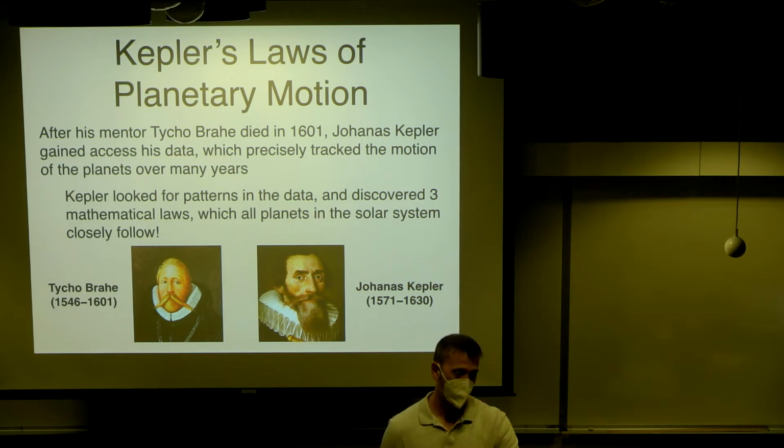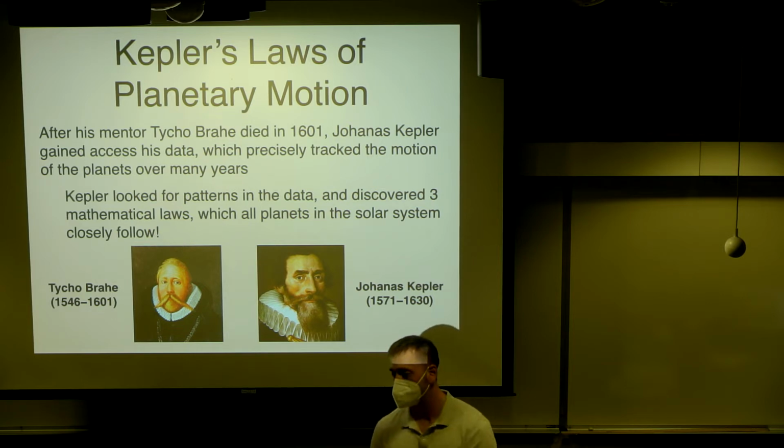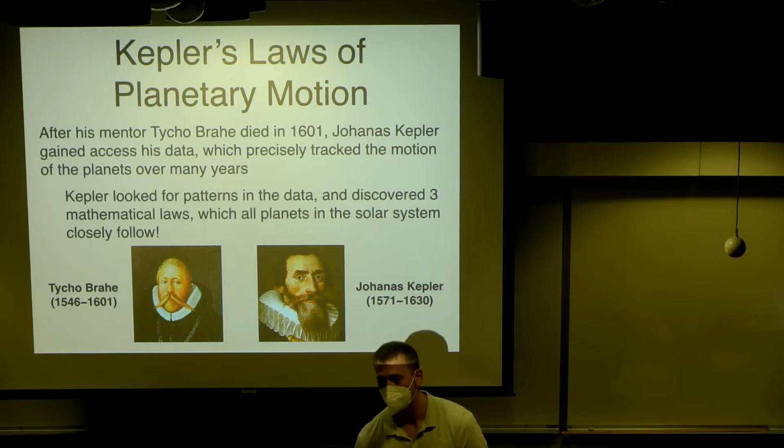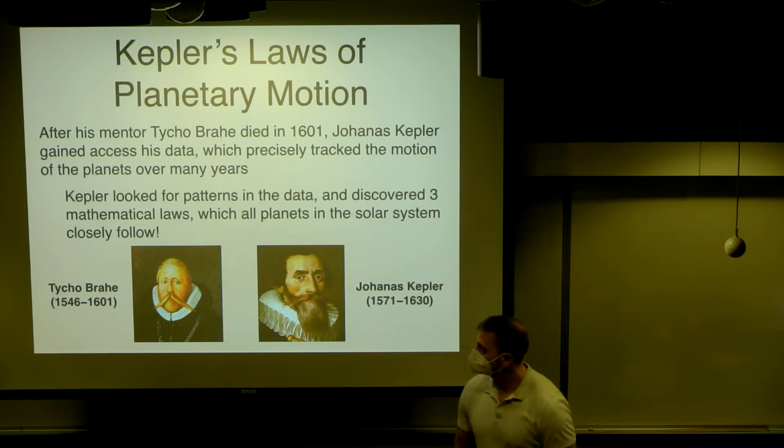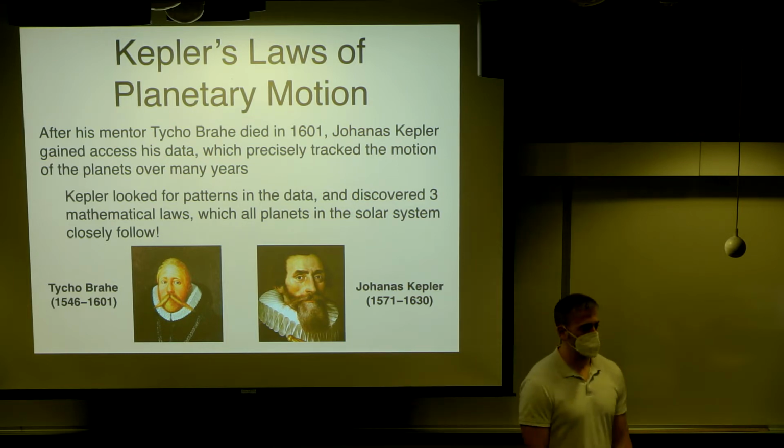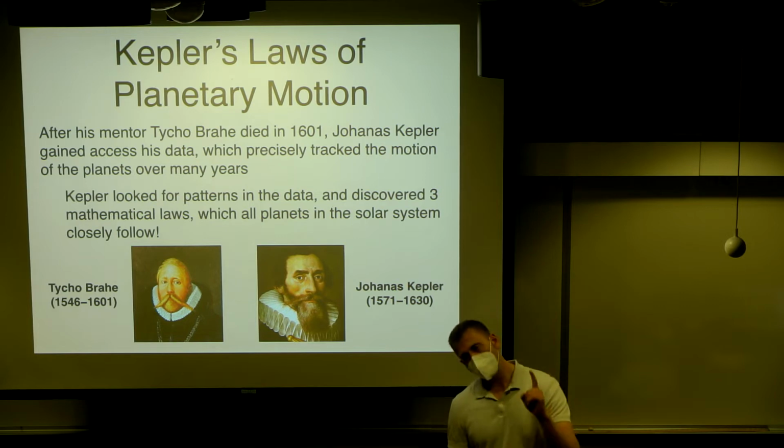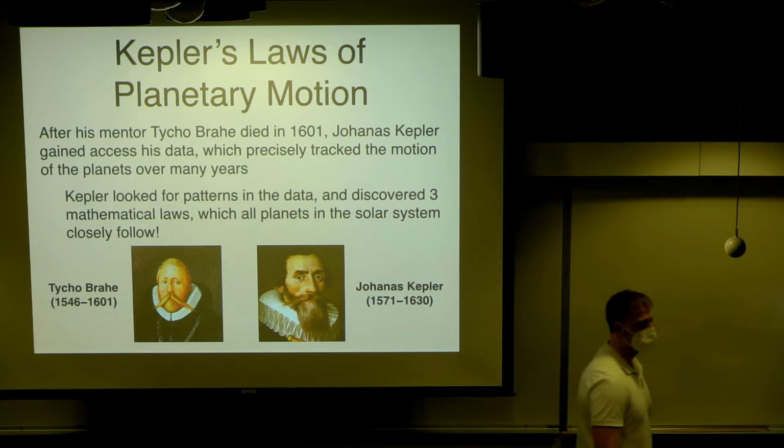So the Earth follows these laws, the planet Venus follows these laws, and every other planet in the solar system, okay? So what we'll do is just go over what those three laws are. There's only one of those laws, the third law, where we'll actually make some calculations with it, but we'll do the overview and then a few examples using the third law, okay?